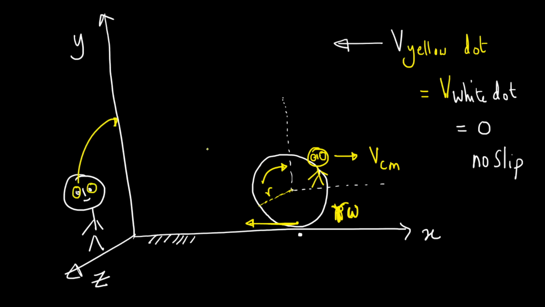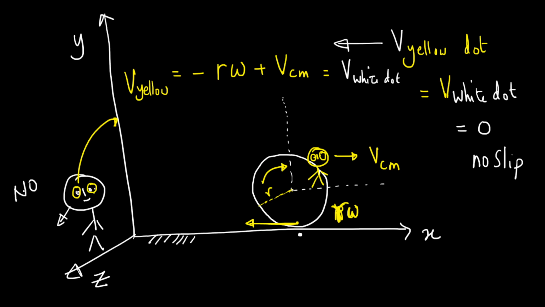He will say that the velocity of the yellow dot is equal to minus r omega plus the velocity of the car, which we are calling vcm, and this is equal to the velocity of the white dot, because he is saying there is no slip, and what he means is that this is equal to the velocity of the white dot, which happens to be 0.